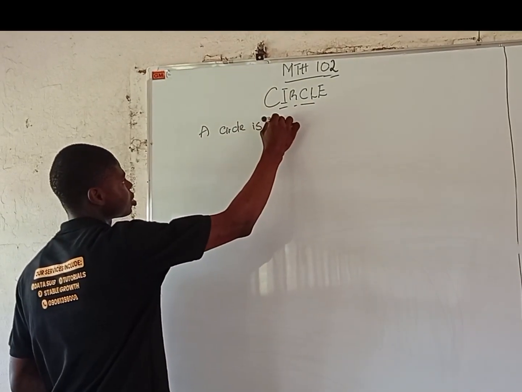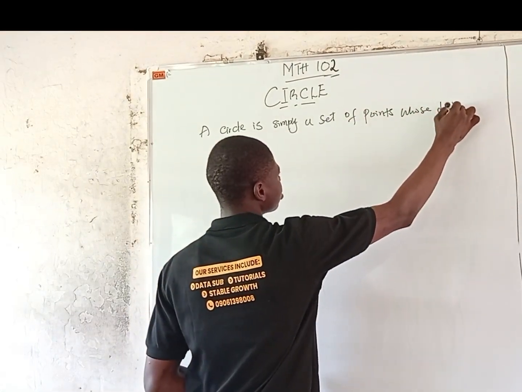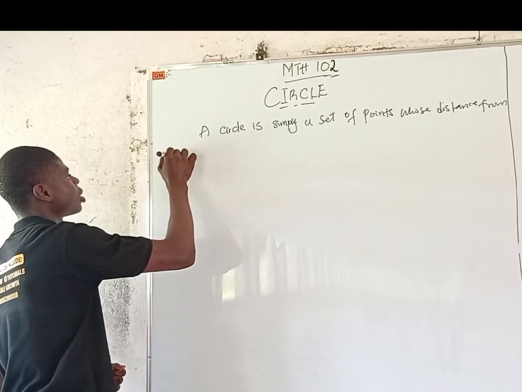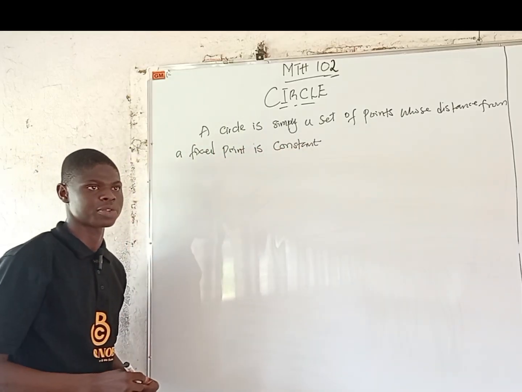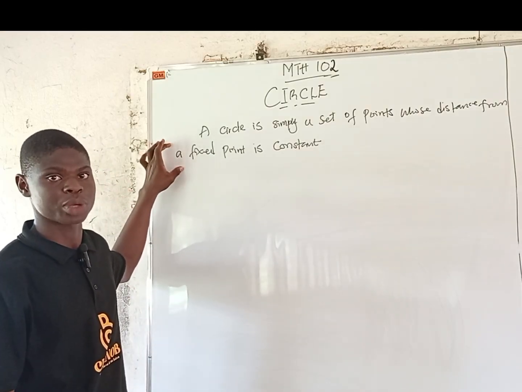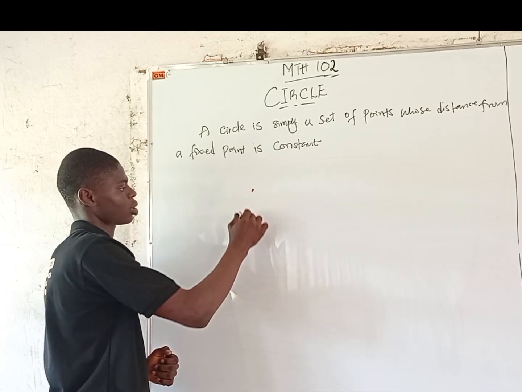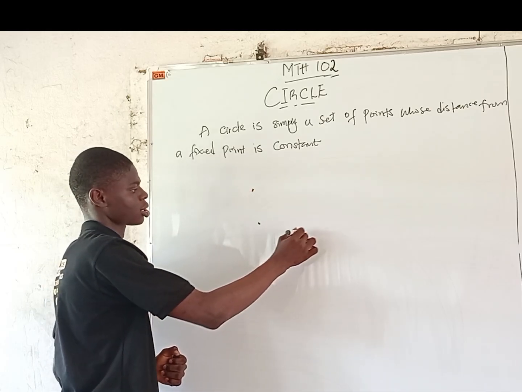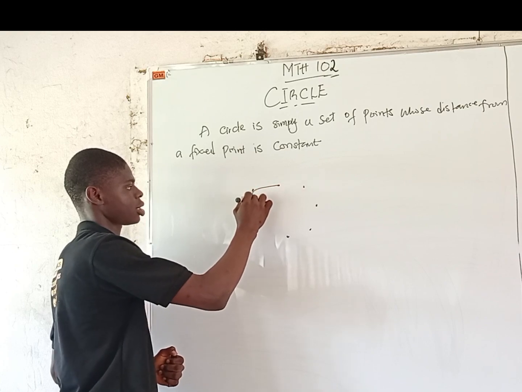A cycle is simply a set of points whose distance from a fixed point is constant. So defining a cycle in just a sentence, this is what we can define a cycle to be: a set of points whose distance from a fixed point is constant.